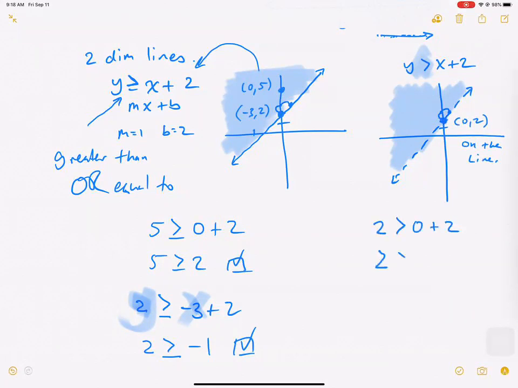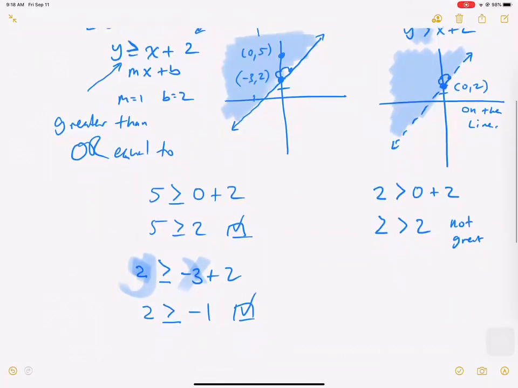Is 2 greater than 2? Well, no, it's not. 2 is equal to 2. So this isn't true. So that's why we draw a dotted line, to make it easy for us to see where the border is. Where's that line that I can't cross? So that's how we're going to graph these inequalities.